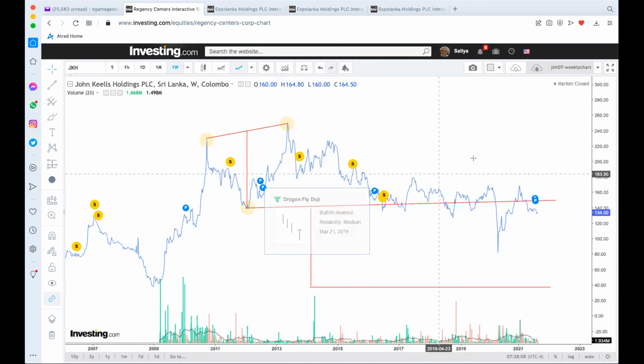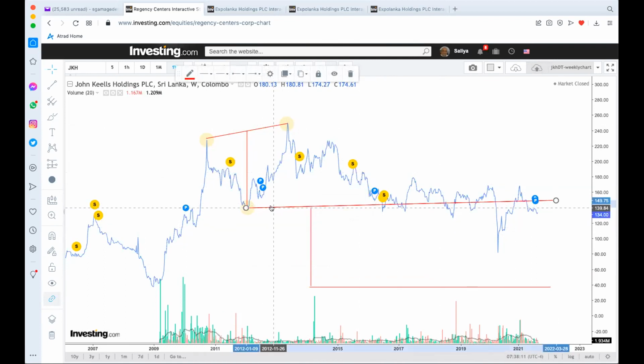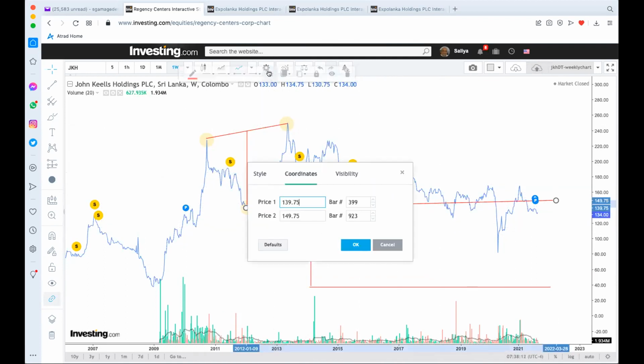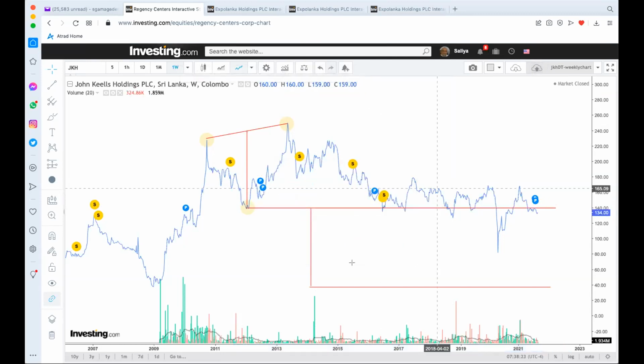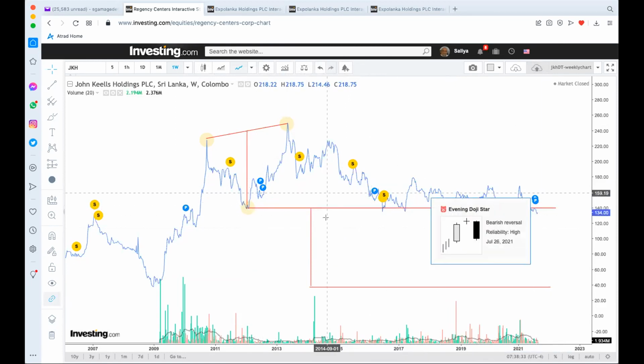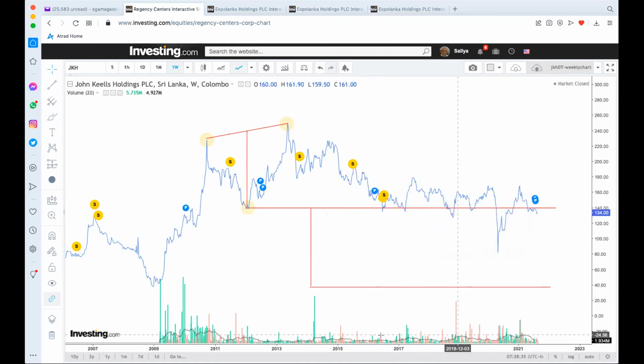So you can see that this support, which was in 2012, was broken, and the prices came down below that at this level, right?